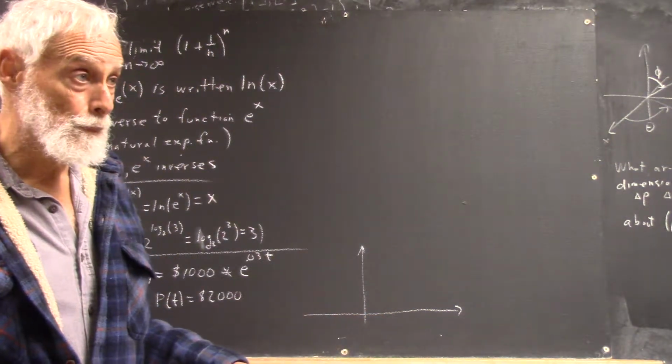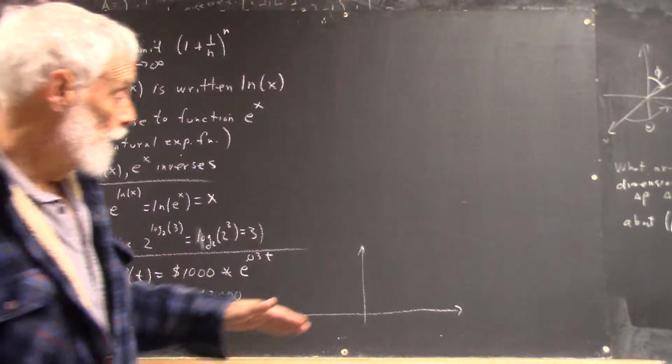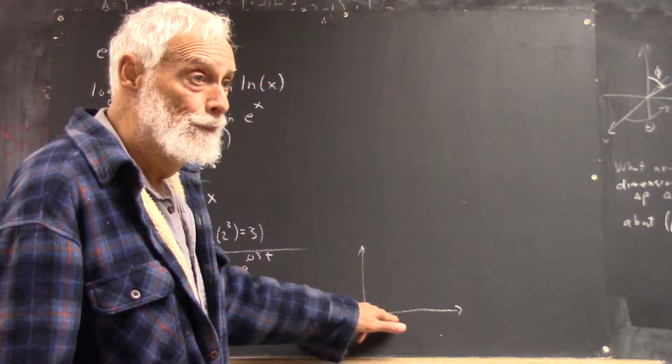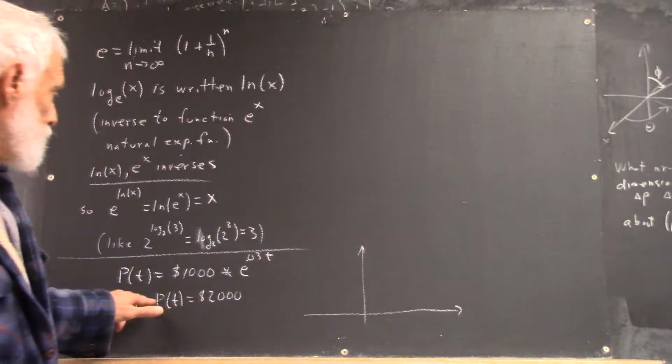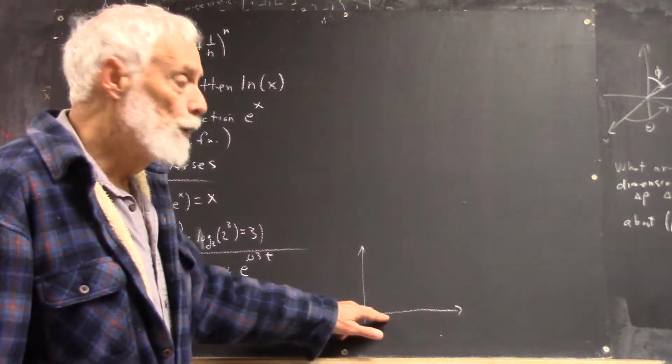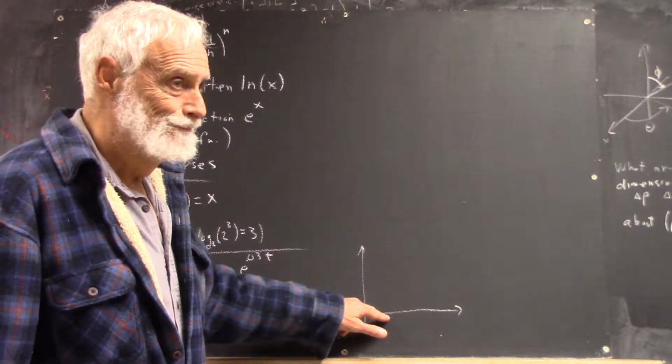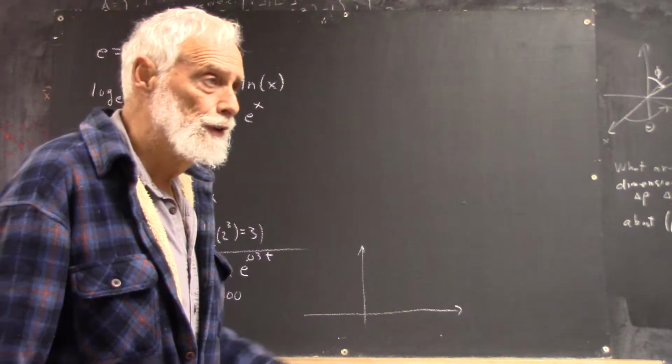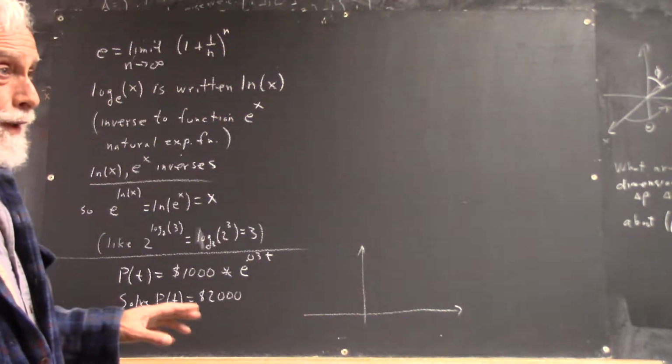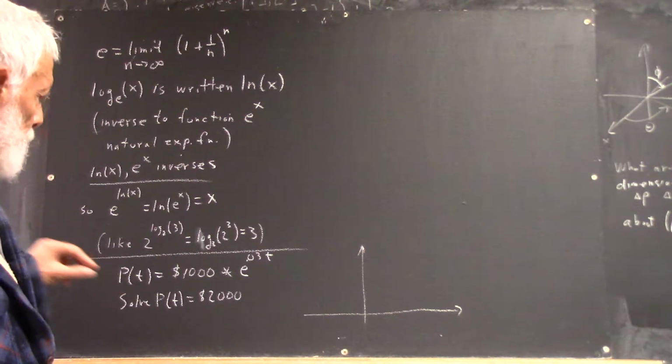So where the 2 to the x has a 1, the e to the x function would have a 0.7. Close to 0.7. I think it runs maybe 0.69 something.